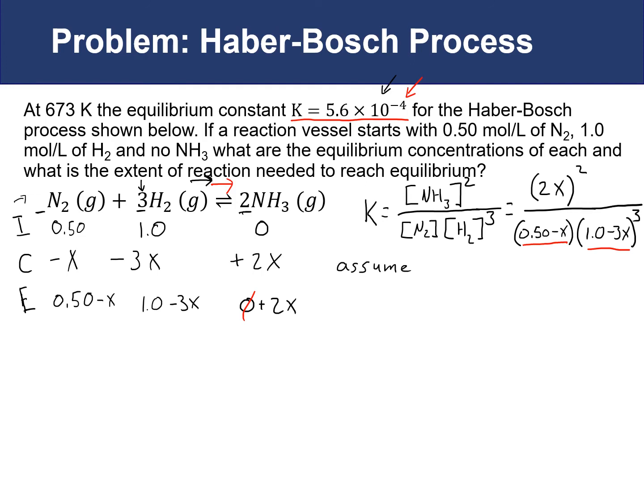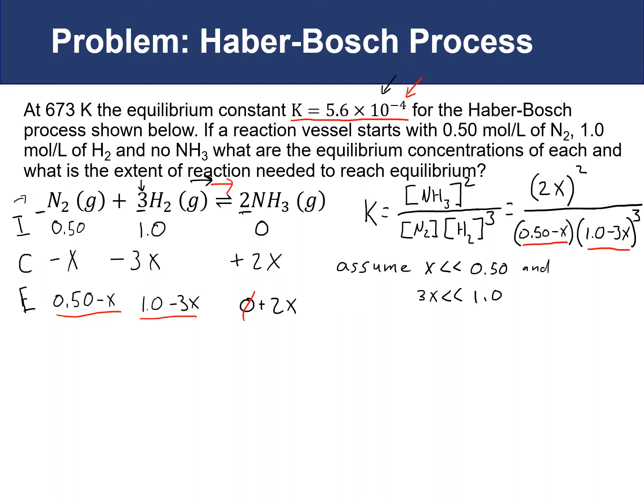But because the reaction is not going to go very far, our value of x will probably be insignificant compared to the 0.5 that we're starting out with for the nitrogen and the 1.0 that we're starting out with for the hydrogen. So we are going to assume that our x value is much, much less than 0.50 and that 3x is much, much less than 1.0.